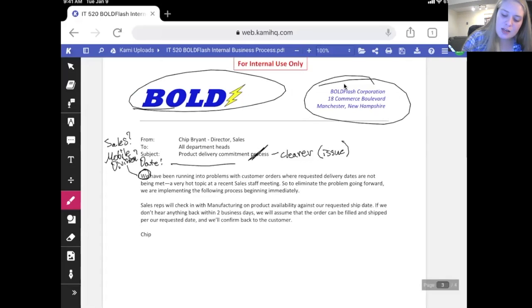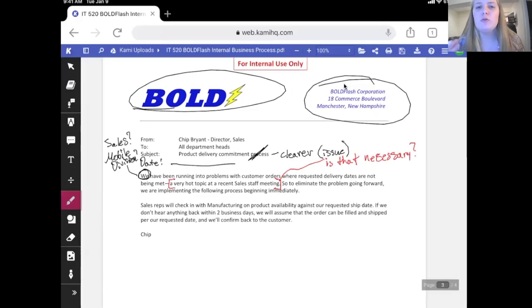A very hot topic at recent sales staff meetings. Now, to say this is a very hot topic, we have to consider, is that really necessary? Is it a necessary statement? Does it add to the clarity of anything? Not exactly. This is something maybe if he really wants to work that in, we'll reform this. At the March 28th sales staff meeting, we discussed issues with delivery dates not being met.